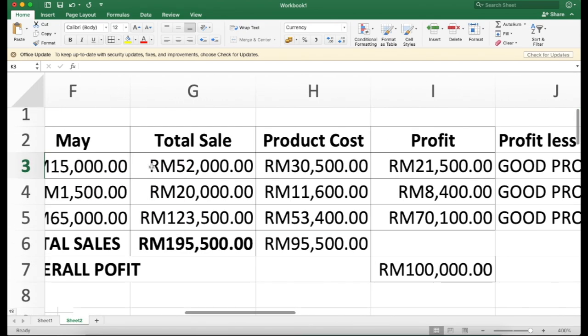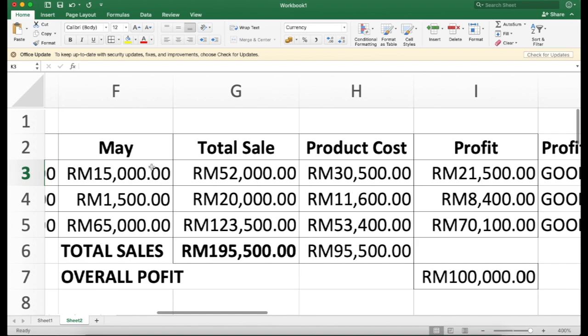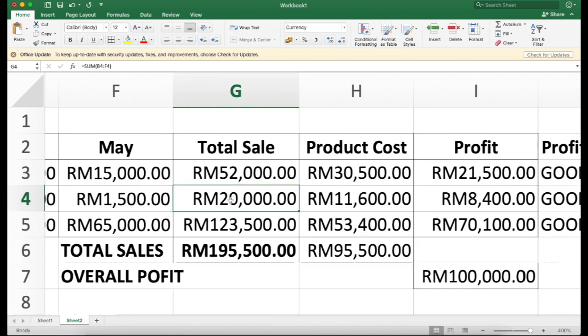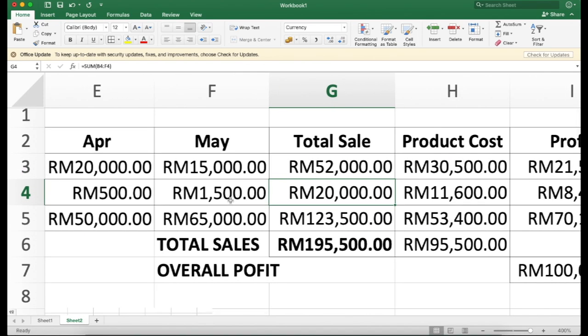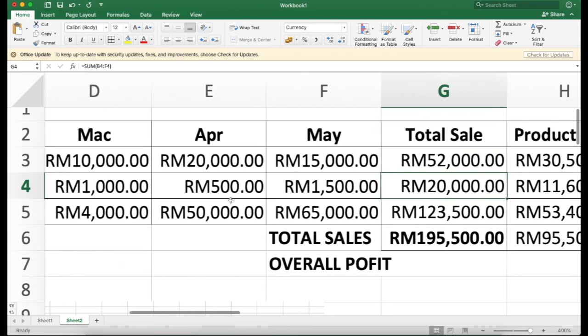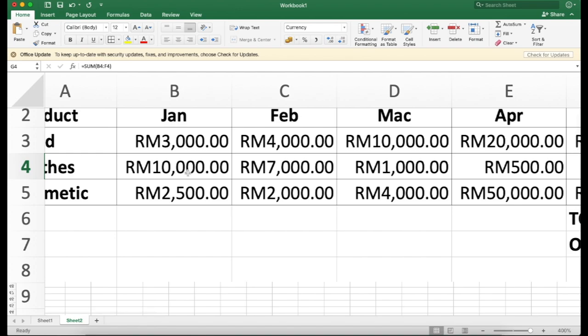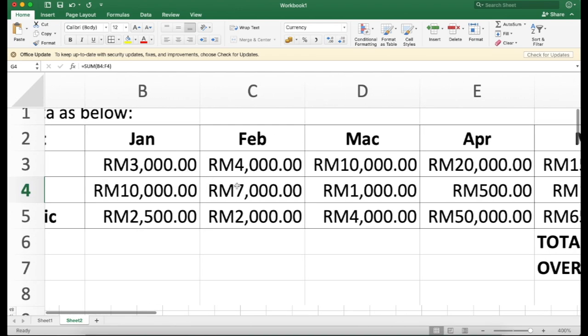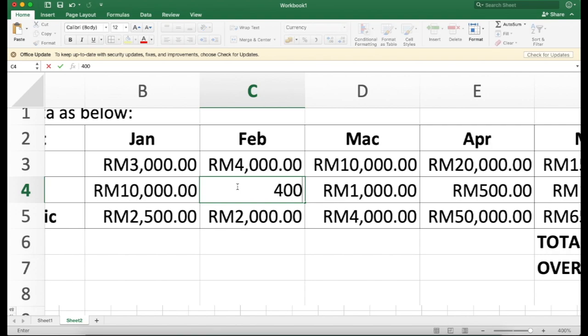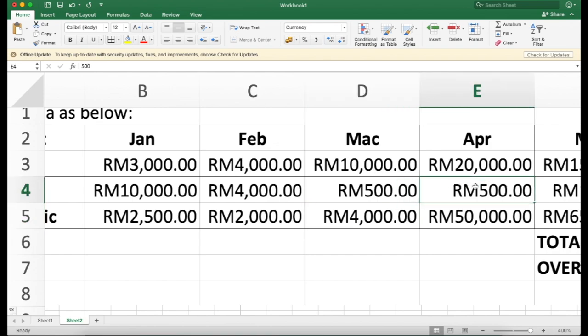Okay, contohlah kita bagi rendah lagi ya. Okay, mungkin ini yang kita edit balik lah ya. Total sale. Kita rendahkan sale ya. Close 4,000. 500,000. 500. So 200.